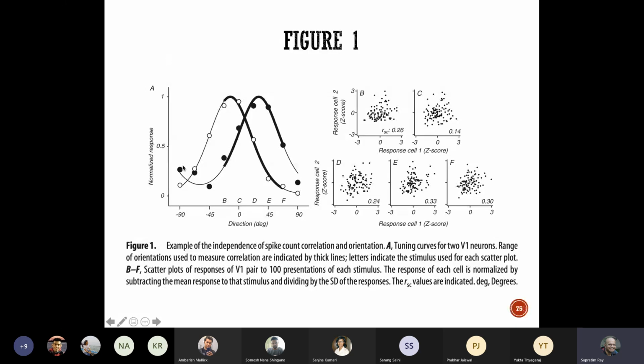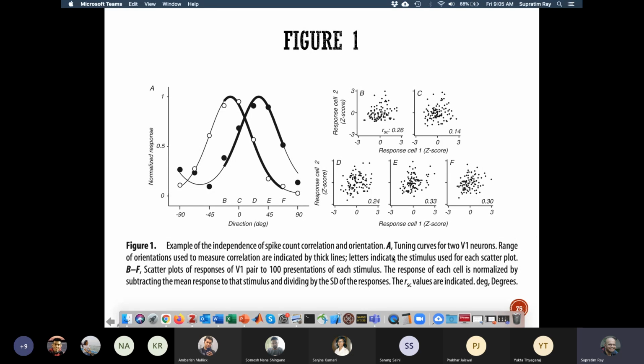Suppose you've got two neurons with different orientations. What you are doing in this study is recording from a bunch of neurons simultaneously from the primary visual cortex. The tuning curves of two V1 neurons are shown in these two curves.